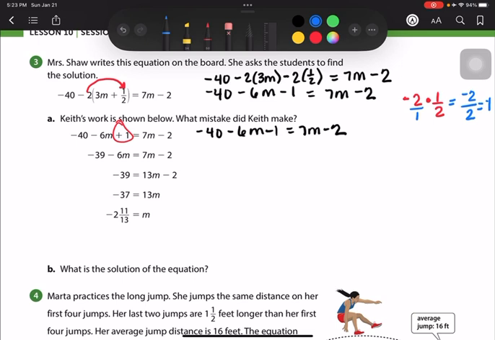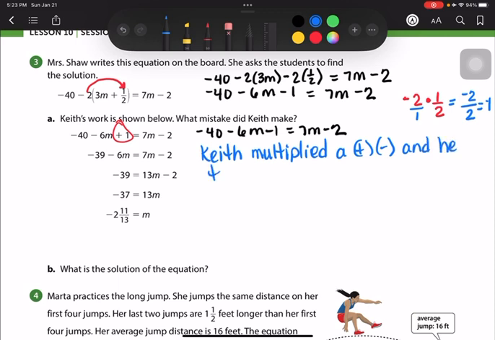Okay, so the mistake was Keith multiplied a positive times a negative, and he thought the answer should have been positive.